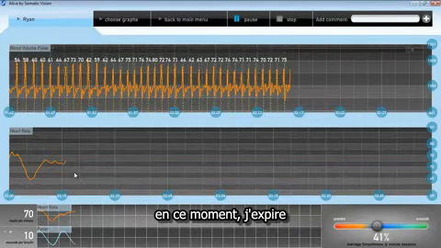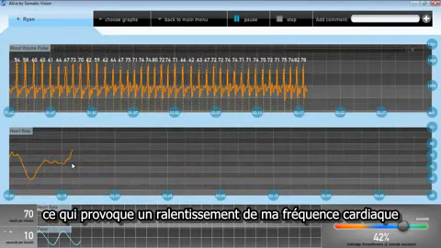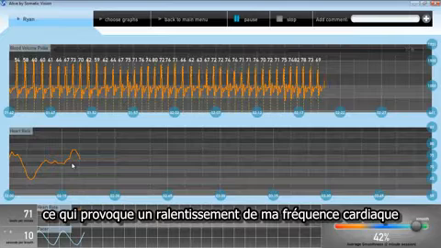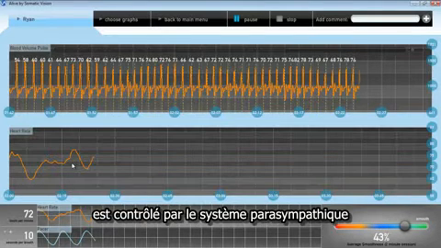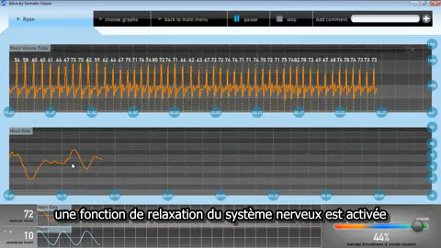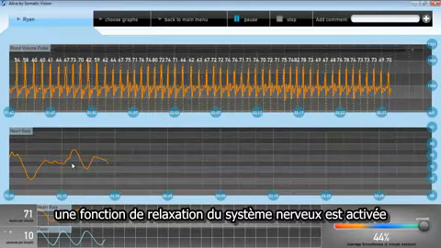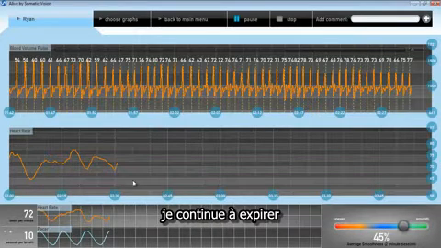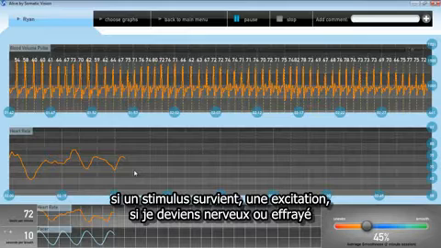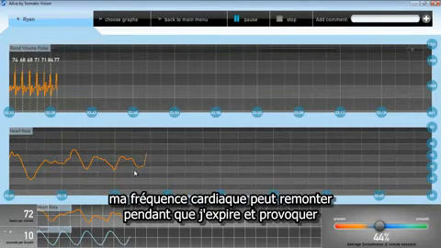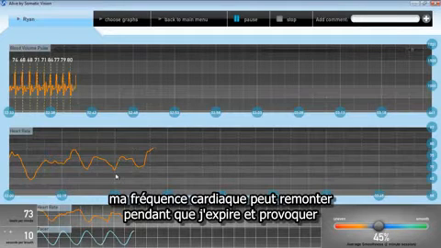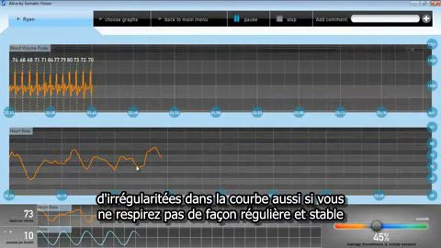So for instance, if I'm exhaling, which would normally cause my heart rate to lower, and that happens because as you exhale, your parasympathetic, kind of relaxing nervous system is activated, lowering your heart rate. So as I exhale, if something exciting happens, I get scared or nervous or excited, my heart rate may rise while I'm exhaling, and that can cause some of this jaggedness in the line.